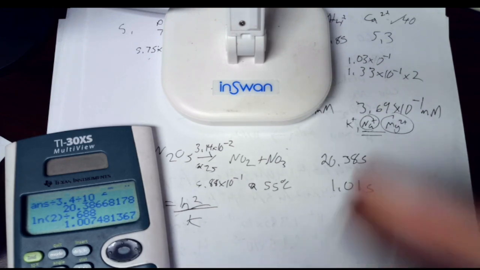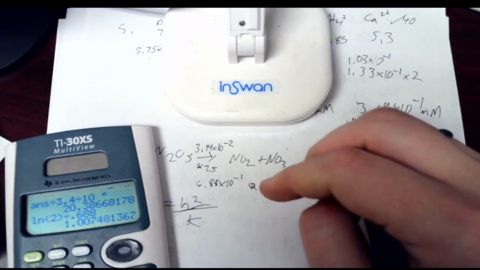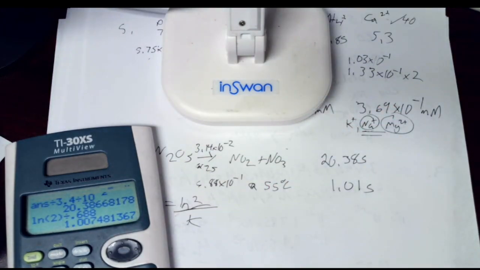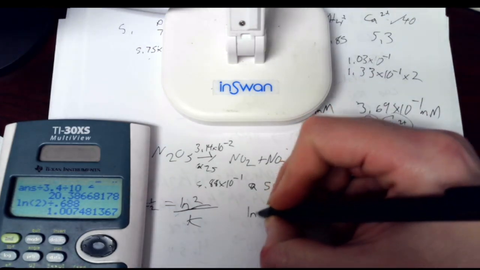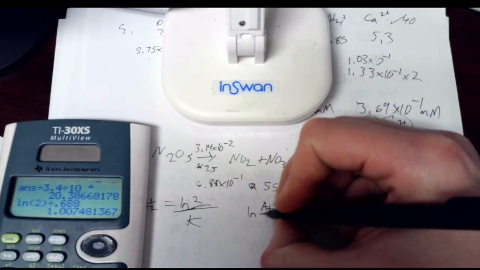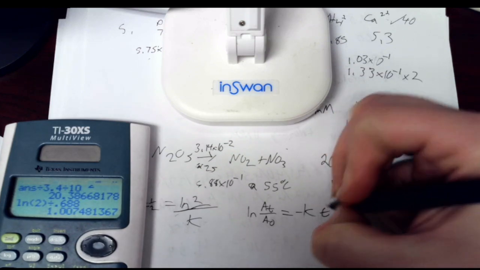Now, to calculate the time it would take for a concentration to reduce, that equation is simply ln A sub t over A sub 0 equals negative kt.